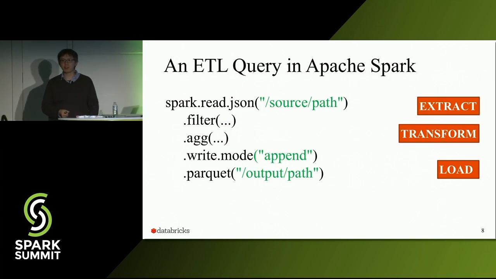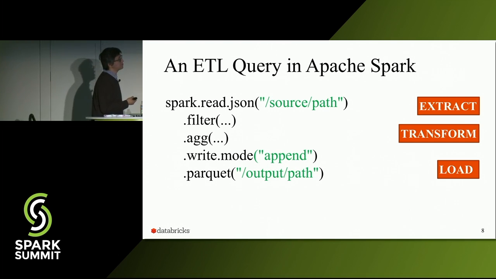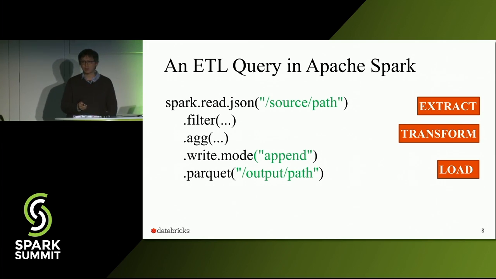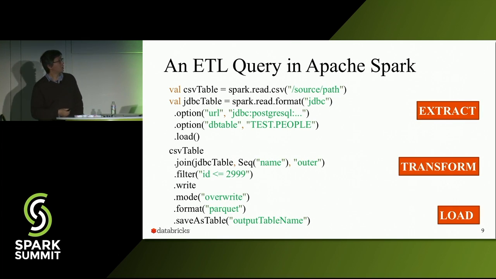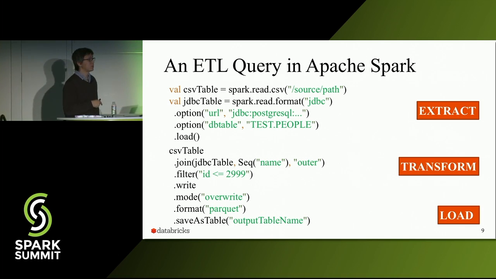This is a very simple example of how users use Spark SQL to do ETL. We read a JSON file, and then do some transformation, filter, aggregation, and then write it back. Very, very simple, right? This is from 1 to 1. This is from 2 to 1. We read the CSV file, and then we read the JDBC table.